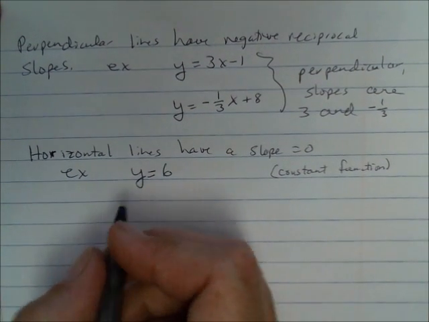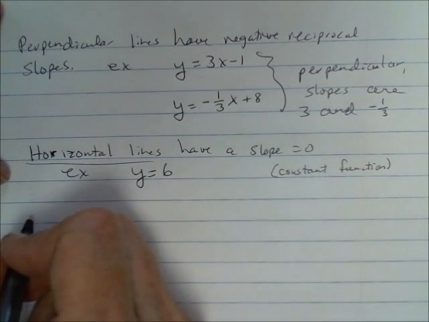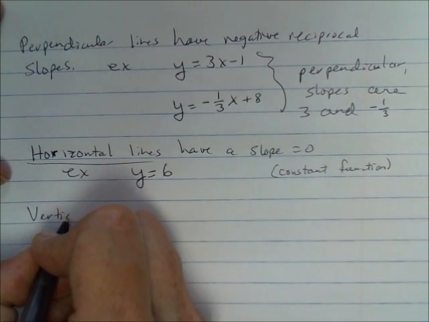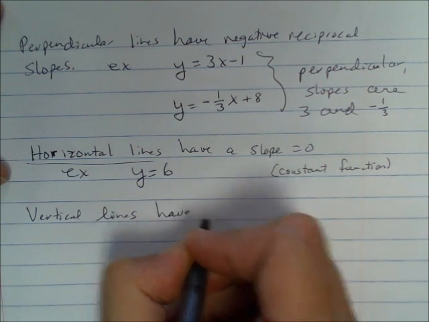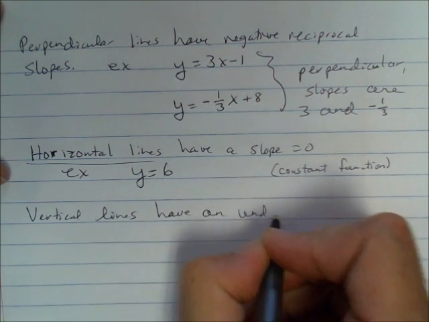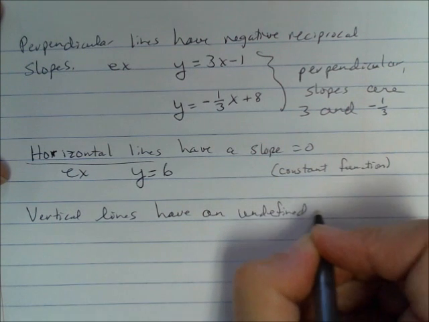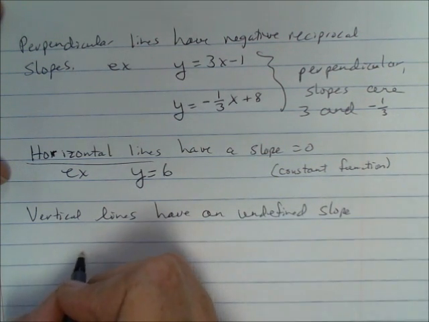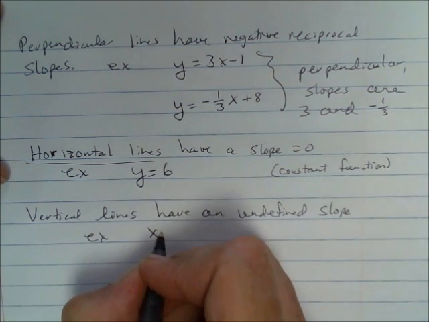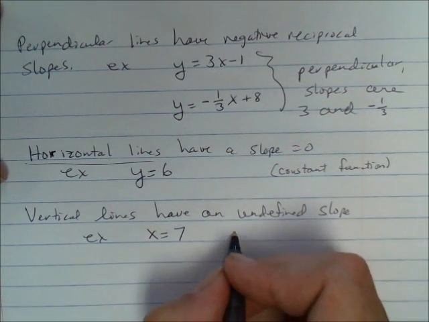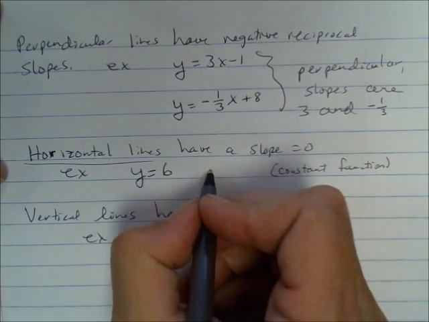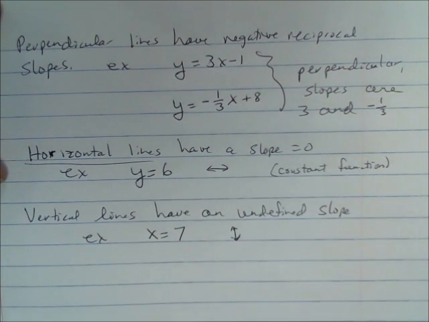And then vertical lines have an undefined slope. For example, x is equal to 7 is a vertical line. Vertical lines go up and down, horizontal lines go left to right.